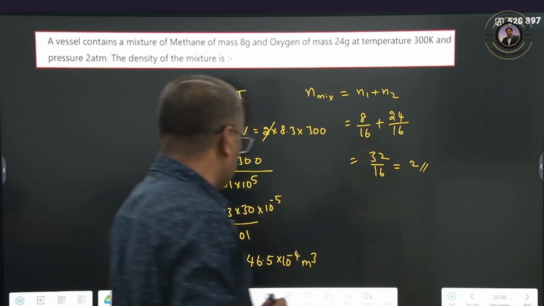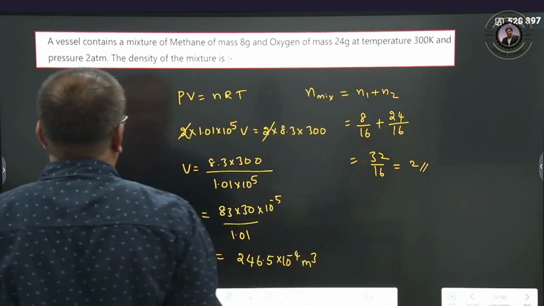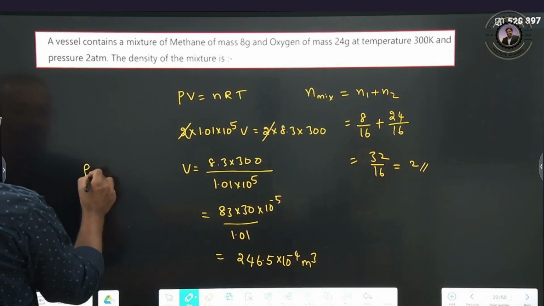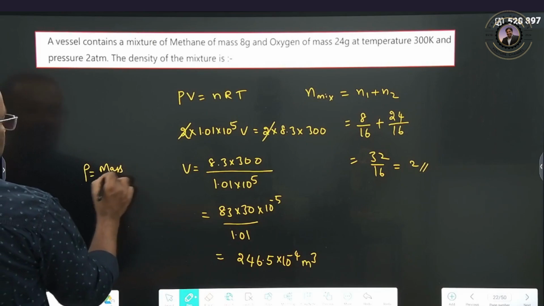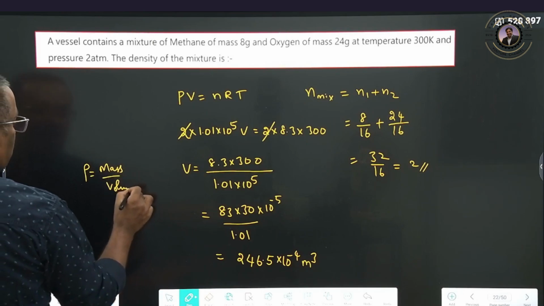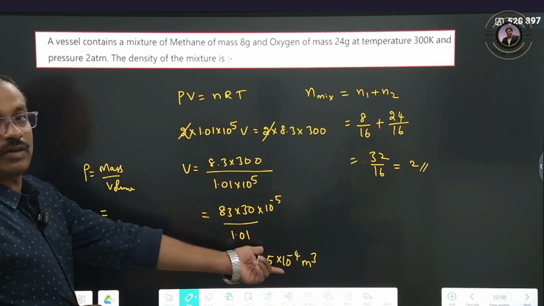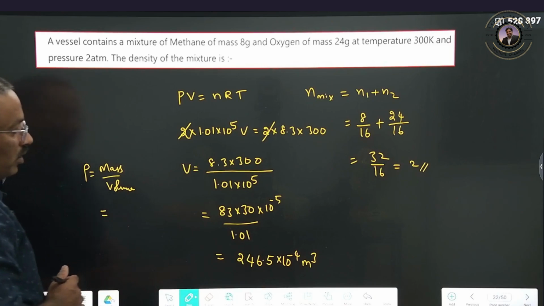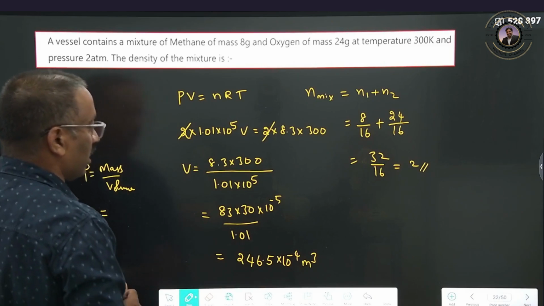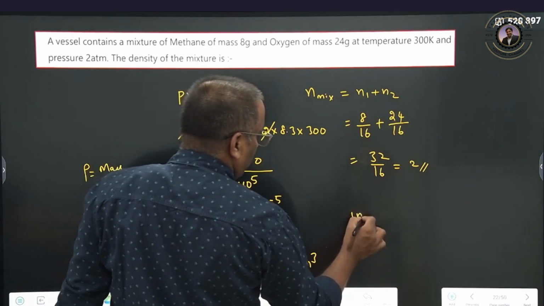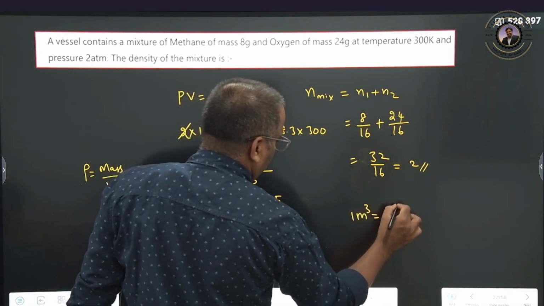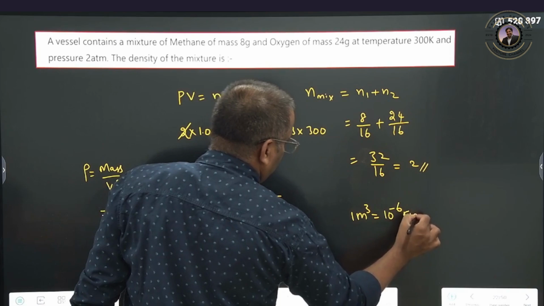Clear? Now we want to calculate the density of the mixture. Density is equal to mass by volume. Mass is given in grams, so we will write this in terms of centimeter cube. 1 meter cube is equal to 10 to the power of 6 centimeter cube.